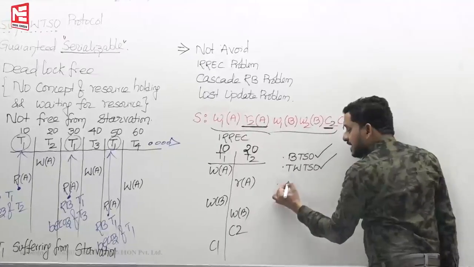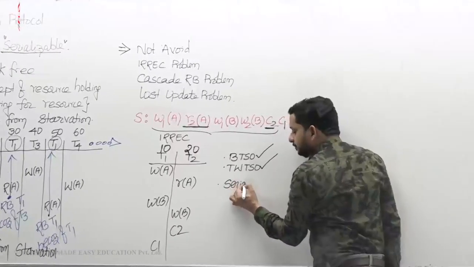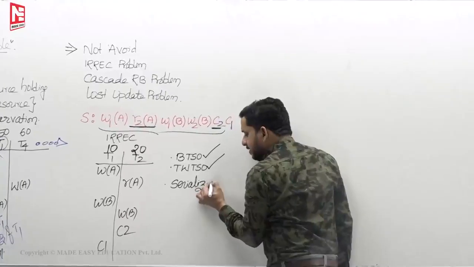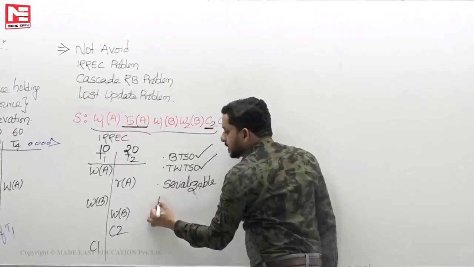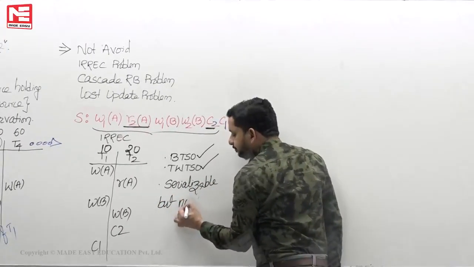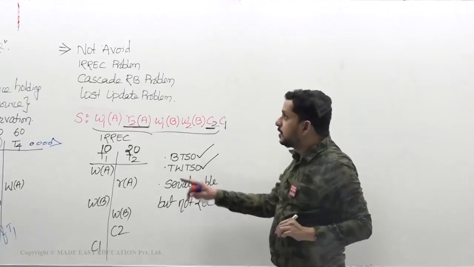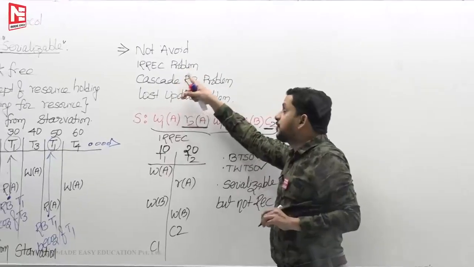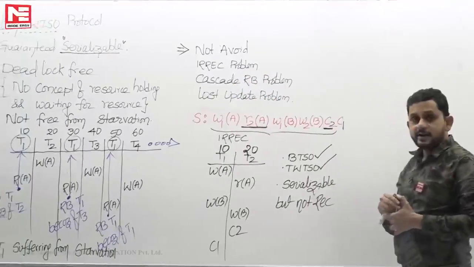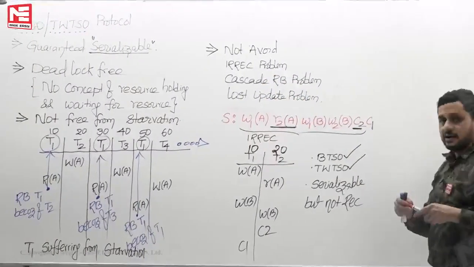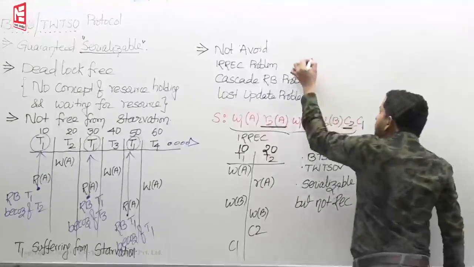It means it is a guaranteed serializable schedule, but not a recoverable schedule. So these protocols are not free from irrecoverability, not free from cascading rollback, and not free from the last update problem.